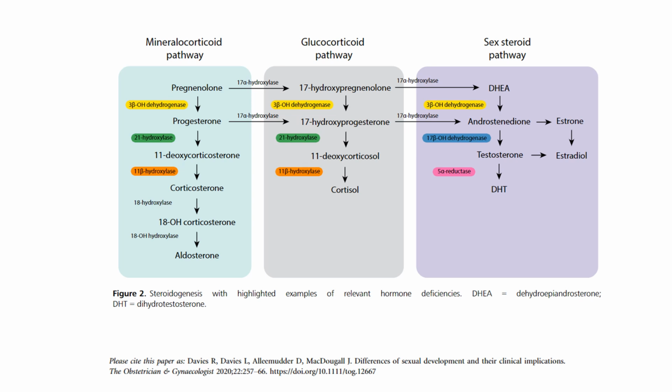So for example, if we take pregnenolone, it is converted to progesterone by 3-beta hydroxysteroid dehydrogenase, which is then converted further by 21 hydroxylase to 11-deoxycorticosterone, which is then converted to corticosterone by 11-beta hydroxylase, which is then converted to 18-OH corticosterone by 18 hydroxylase, and then finally converted to aldosterone by 18-OH dehydrogenase.